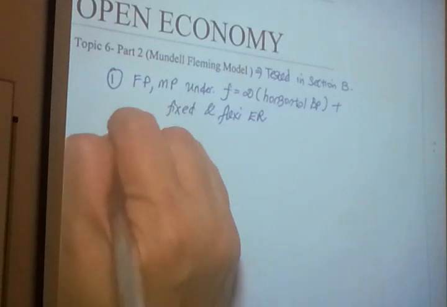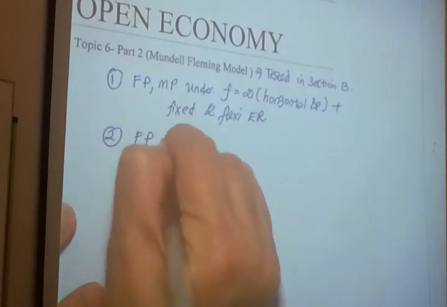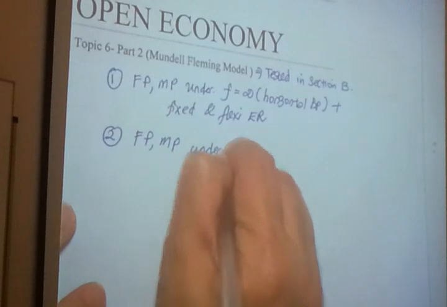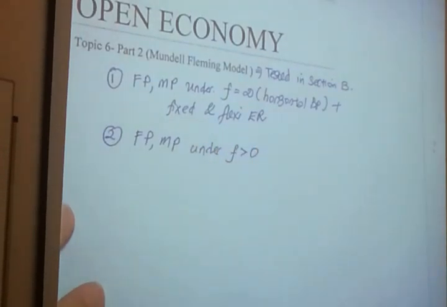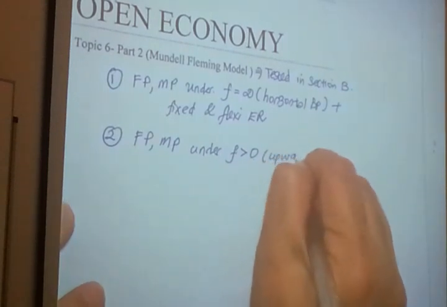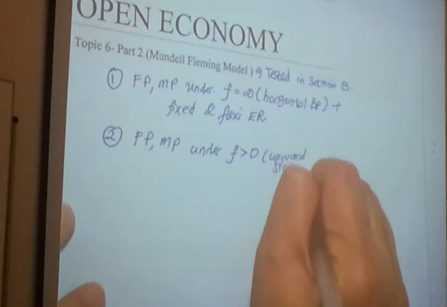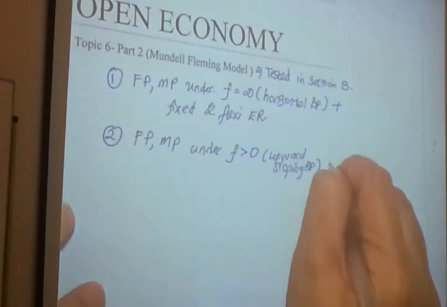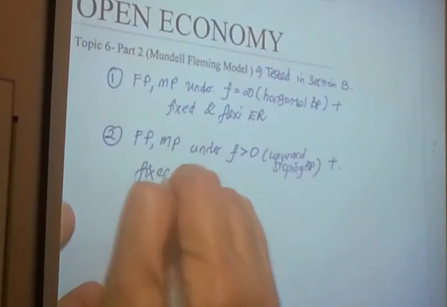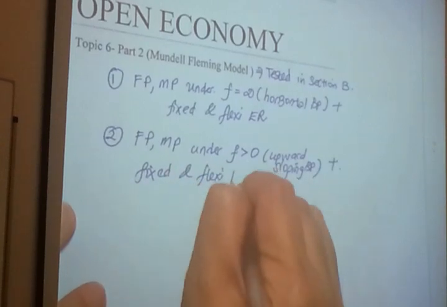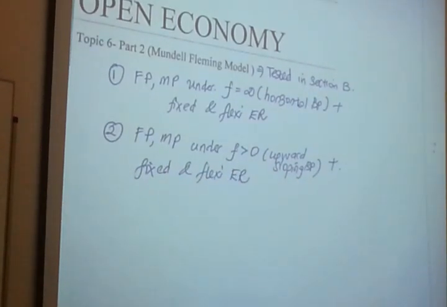And the second area of focus is to repeat everything, but now under F being positive. It means instead of discussing horizontal BP, we want to discuss upward sloping BP, and then evaluate under fixed and flexible exchange rate. ER stands for exchange rate. This second area of focus will become more difficult because when you have upward sloping BP, the adjustment process is tougher.